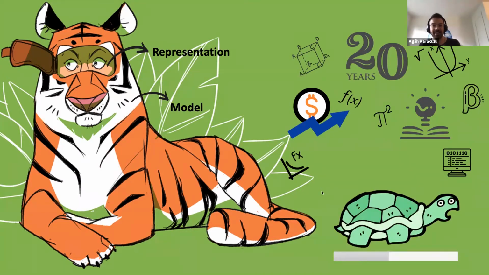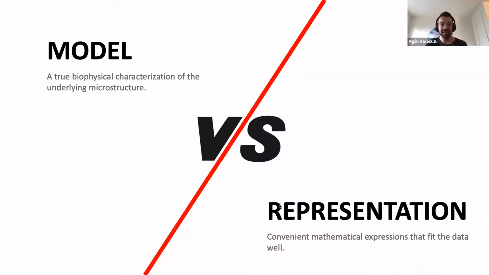And the article says there is a fundamental problem disguised and formulates it under 4 main issues. I'll get to them, but first I think we need to recognize the difference between models and representations. A model is a true biophysical characterization of the underlying microstructure, whereas representations are convenient mathematical formulas that fit the data well.